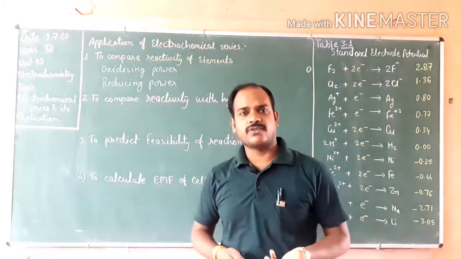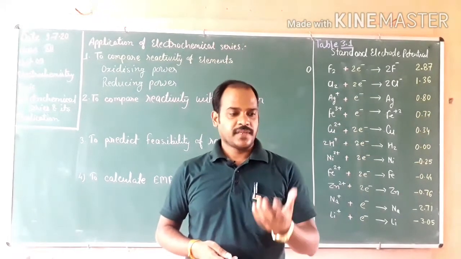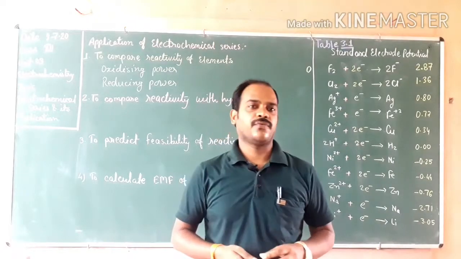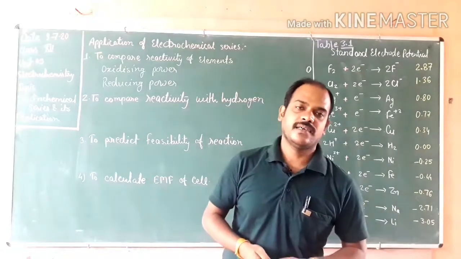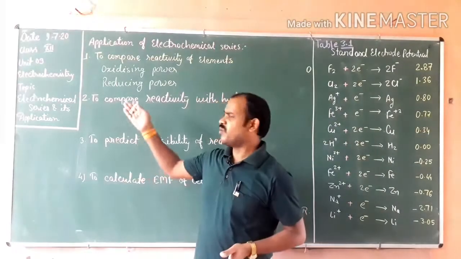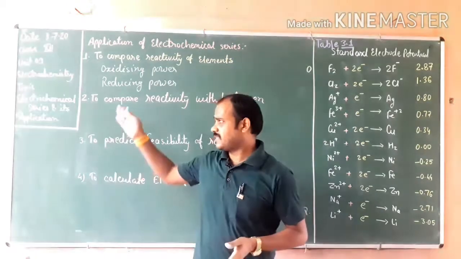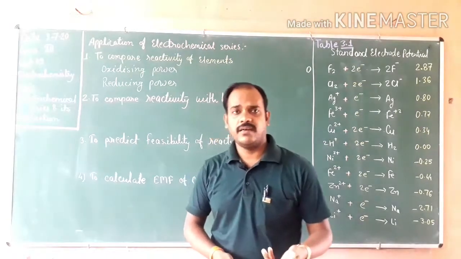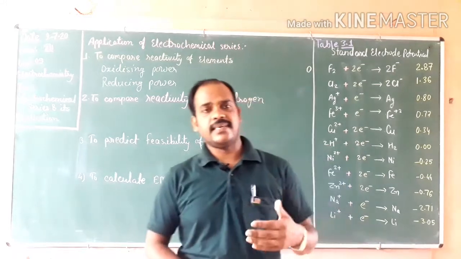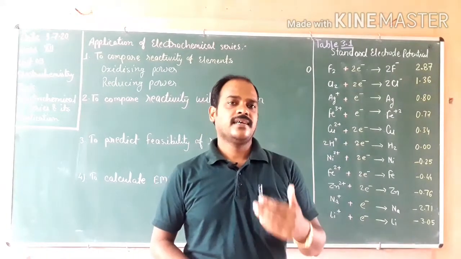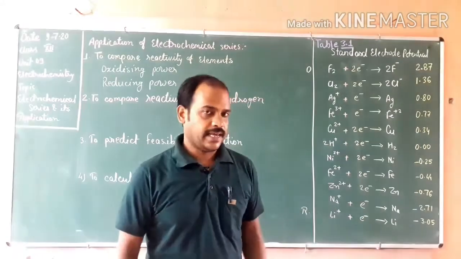By arranging electrode potential, they prepared a series which is known as electrochemical series. It means, simply, what is electrochemical series? It is a series which is obtained by arranging the standard electrode potentials of different elements in increasing order.